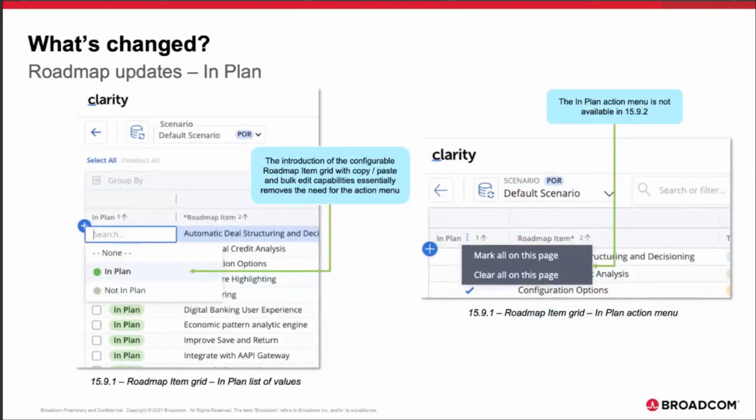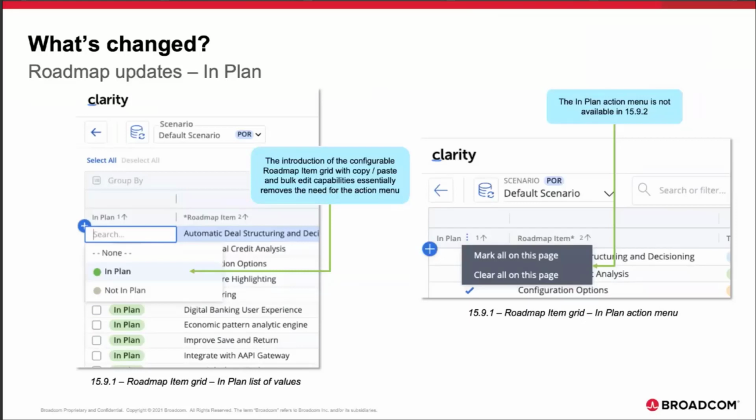In plan, this change should not impact users because the 15.9.1 capabilities that are on the right side of the screen here are available in 15.9.2. It's really just the user experience that is the change.